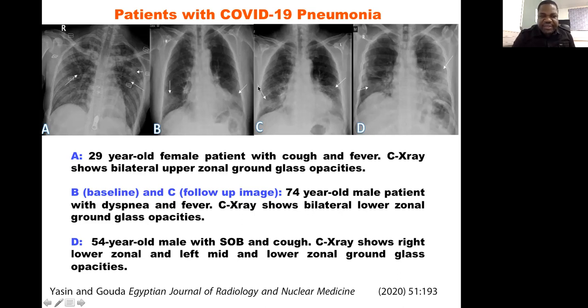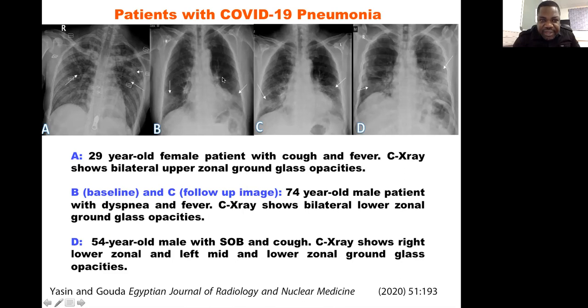Then B and C are the same patient, and B is the baseline chest X-ray, in a 74-year-old male who came with dyspnea and fever. The chest X-ray shows bilateral lower zonal ground glass opacities.